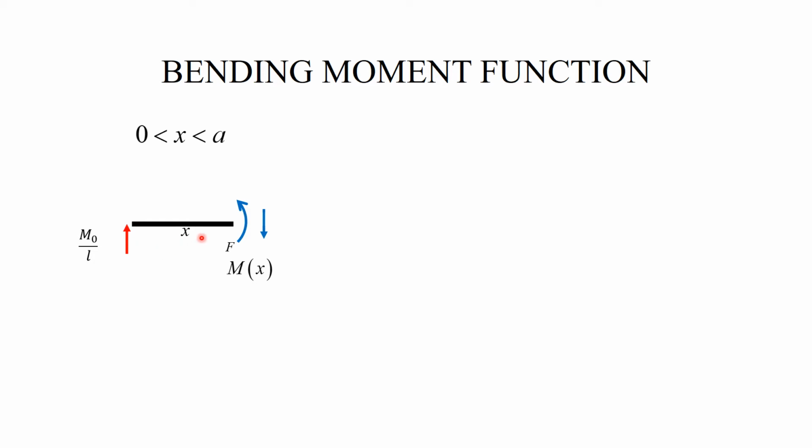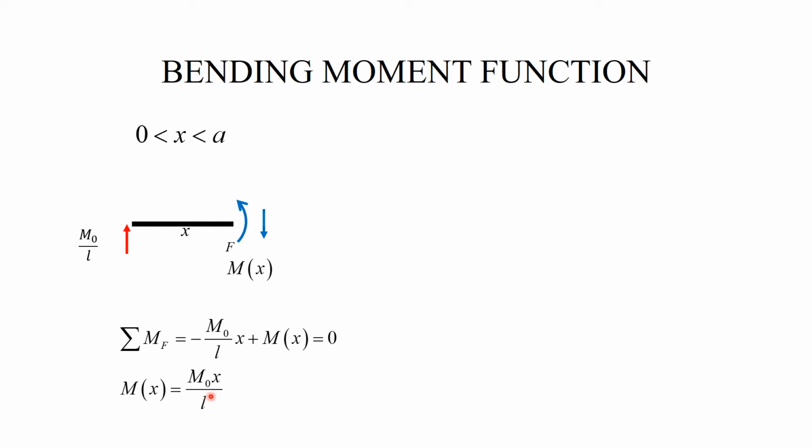So in this case, the free body diagram corresponding to a cut at the generic location X has the reaction force and two internal forces, and therefore the equilibrium equation for the moment about the point F, which is the point where we make a cut, gives us two terms, and as a result we find that the bending moment is given by this expression.